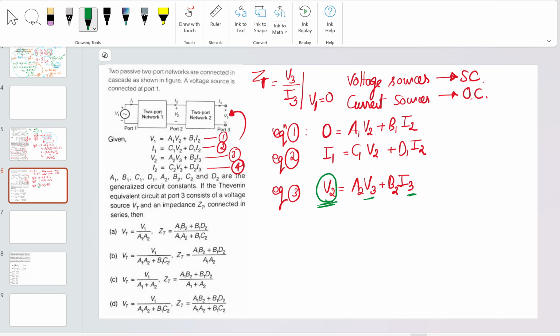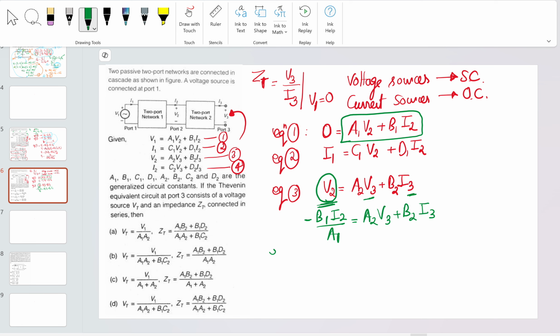Okay, so V2 is equal to minus B1 I2 divided by A1, and that is equal to A2 V3 plus B2 I3.